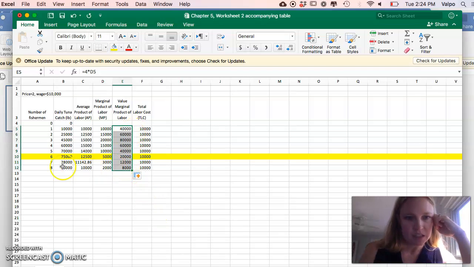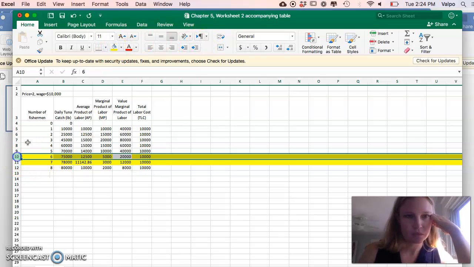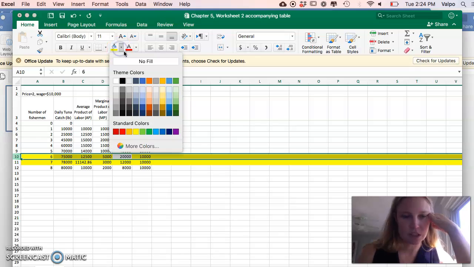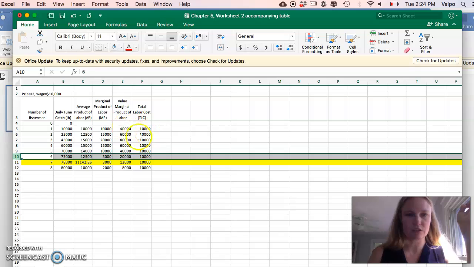All right, so in that case, you would hire 7 fishermen. I've done this 1,000 times, so I can do it quickly in my head. But if you go through and compare anything where this is greater than this, and then stop where they're as equal as they can get without cost being higher, you get 7.